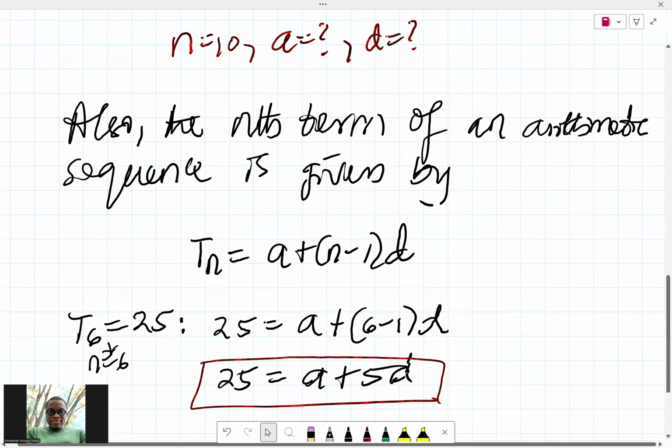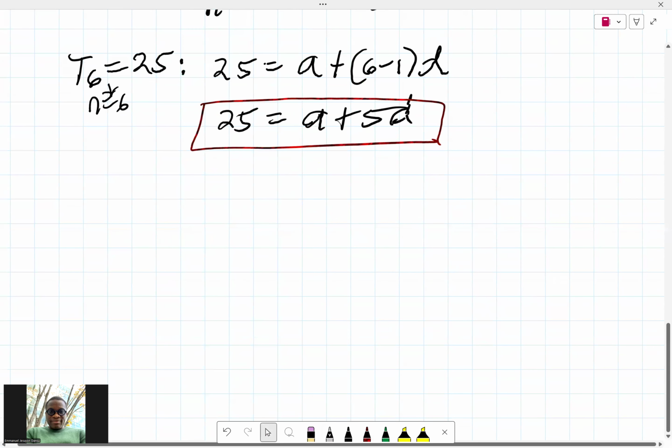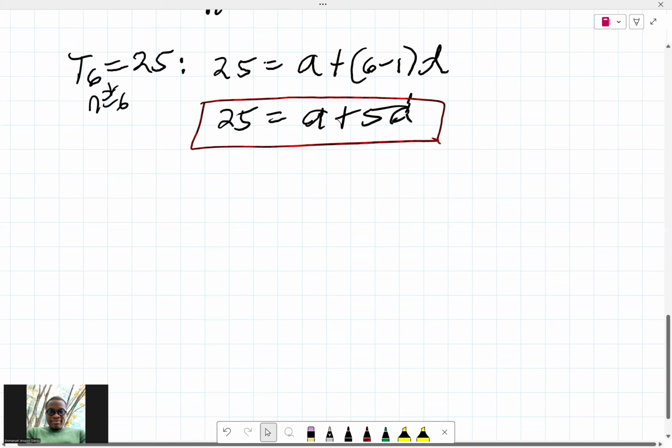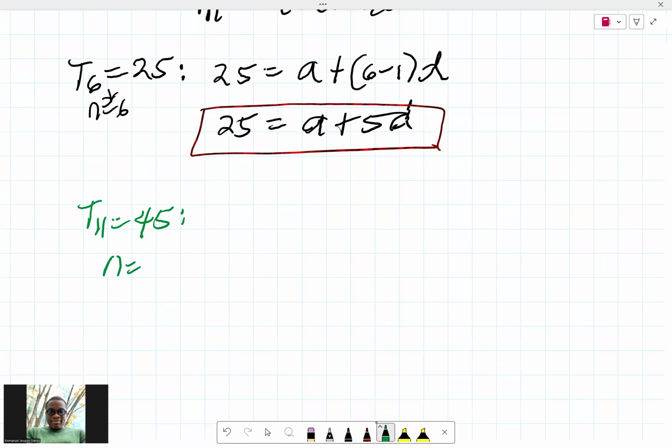The next thing is we also have T11, which is 45. So that implies that n is equal to 11. So 45, which is T11, equals the first term a plus (11 minus 1) times d.